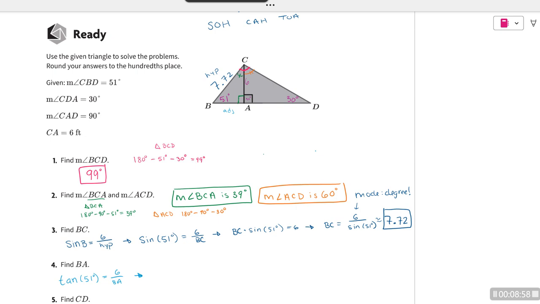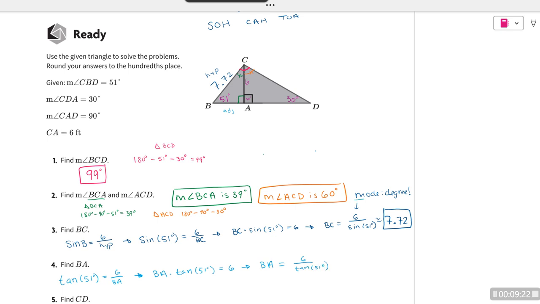But I'll use 51 and I'll do some algebraic work. I'm going to multiply both sides by BA. So BA times tan of 51 equals 6. And then divide by tan of 51. So BA equals 6 over tangent of 51 degrees.